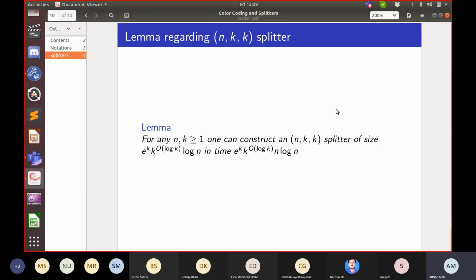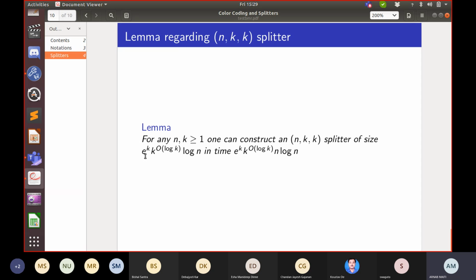What this lemma says is that we can construct an n k k splitter. By n k k, what I mean is that we are going to color using only k colors. Using k colors, we are going to color every element in 1 to n, such that if you take a subset S of size k, then there will exist a function in this splitter which will color each element of it uniquely. So that is what we meant by n k k splitter.